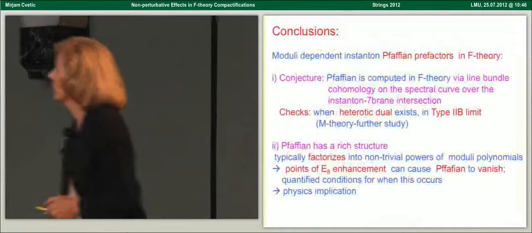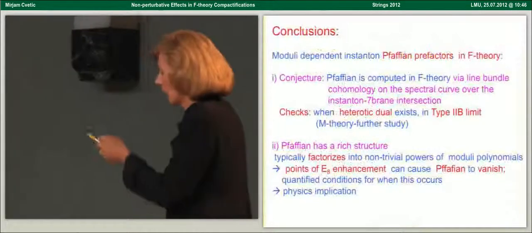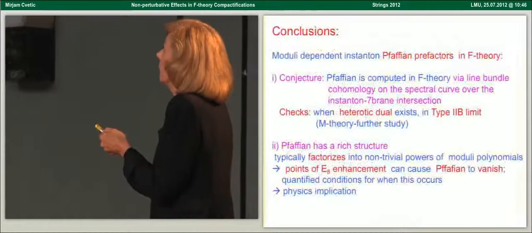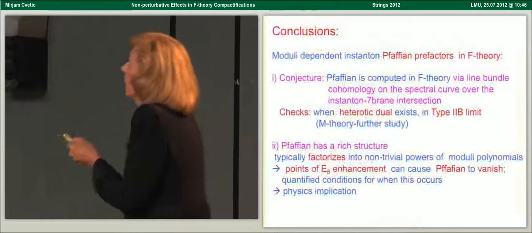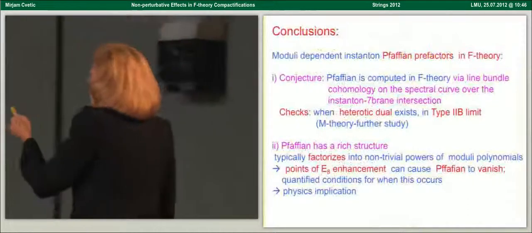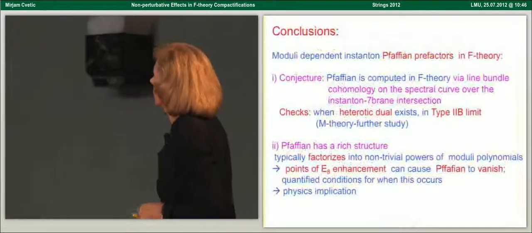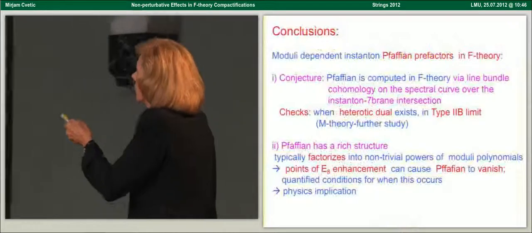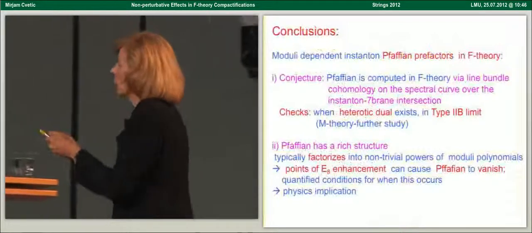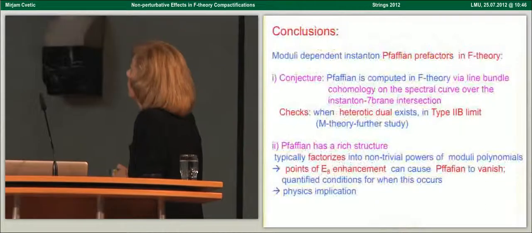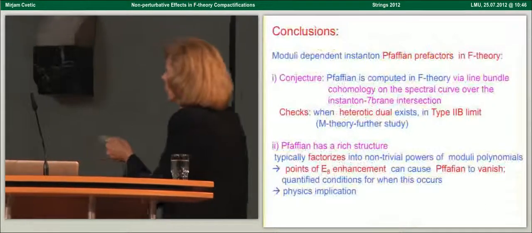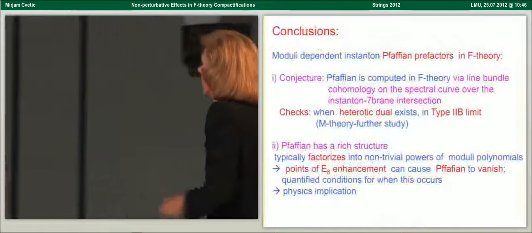We propose a conjecture to calculate those Pfaffians directly in F-theory via line bundle cohomology on spectral curves over the specific instanton and GUT-brane intersection. The checks by heterotic duals and type II work, while M-theory connections are still less tangible.